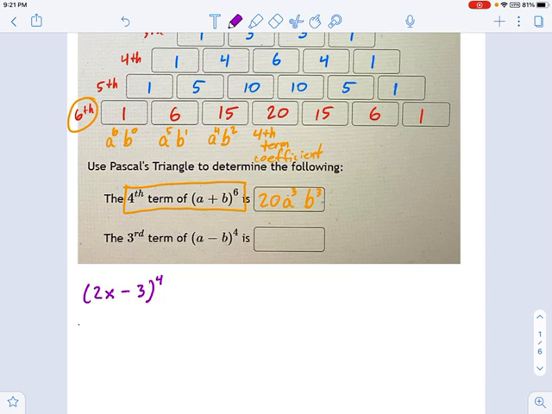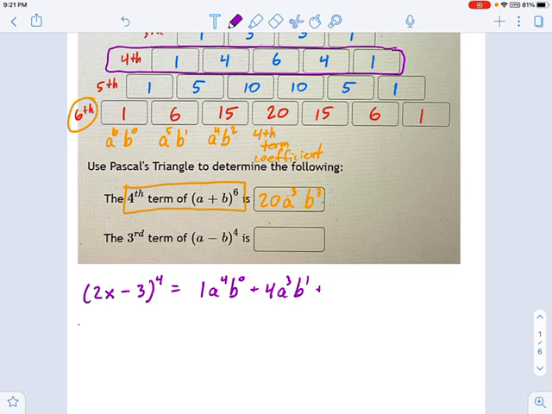Well, this would take a while, except we know Pascal's triangle now, and I'm going to come in here and grab this fourth row of the triangle. And I'm going to say, well, look at this. This is just going to be 1 times a^4 b^0, plus 4a^3 b^1, plus, what comes next?